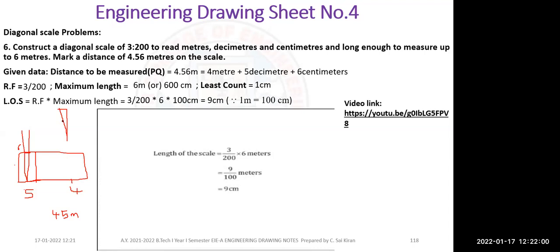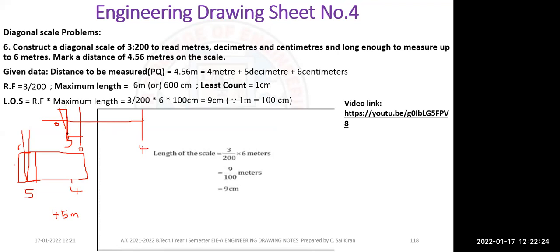So if I want to measure the 6th one, this is my 6th horizontal line. This is my 5th point. From here, this is my 0th point, and this is my 4th point, 4th main division. If you see only this vertical line, it is 4.5.